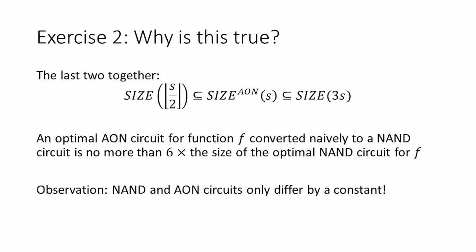So because we have only these constant changes, if we don't want to think too hard about the model of computing that we're using, we could just sort of ignore the constants. That way, if we have some function and we say that that function requires s squared gates, it doesn't matter if I'm talking about AND, OR, NOT gates or NAND gates, because since the difference is only going to be a constant, it's still going to be roughly s squared gates regardless of the type of gates I'm talking about. So this is why, as computer scientists, we oftentimes will just totally ignore the constants.